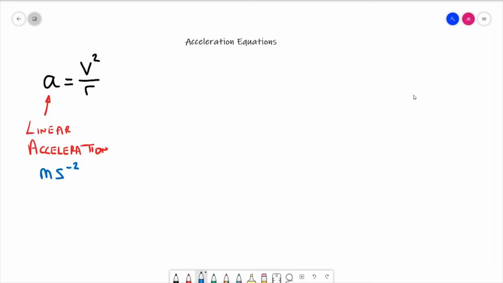So a equals v squared over r is one way of looking at our equation. We will do a little bit of substitution though. We know that omega is equal to v over r. Now I'm going to rearrange this first to make v the subject, and therefore v is equal to omega r. If we square both sides of the equation, we get v squared is equal to omega squared r squared.